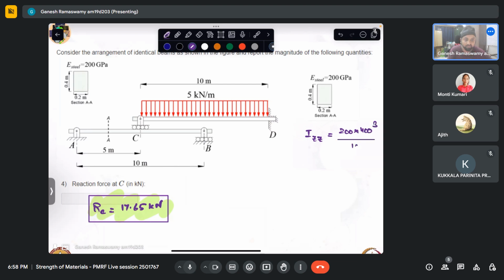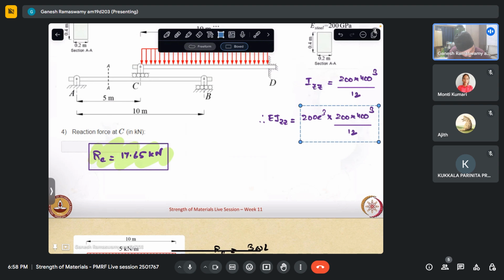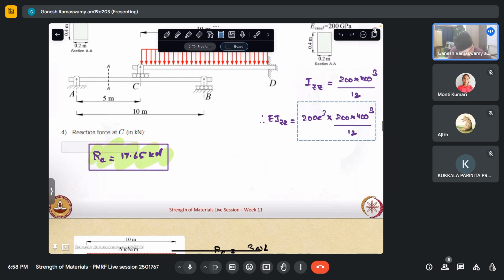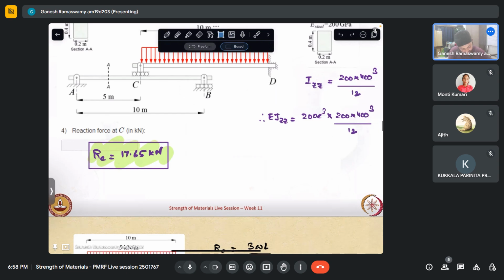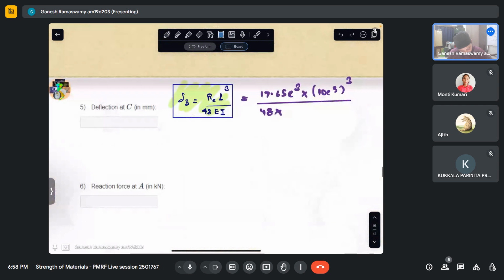So therefore, EIZZ is nothing but 200 E3 into this quantity. So let me just copy this and put it here. So this quantity we have already calculated.